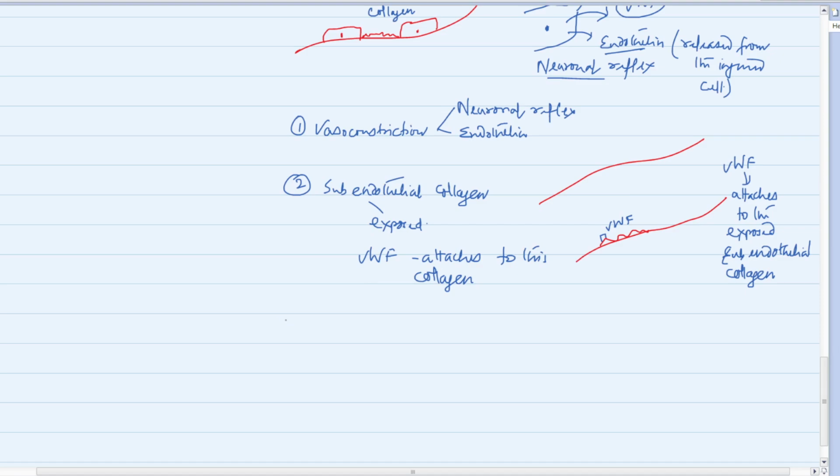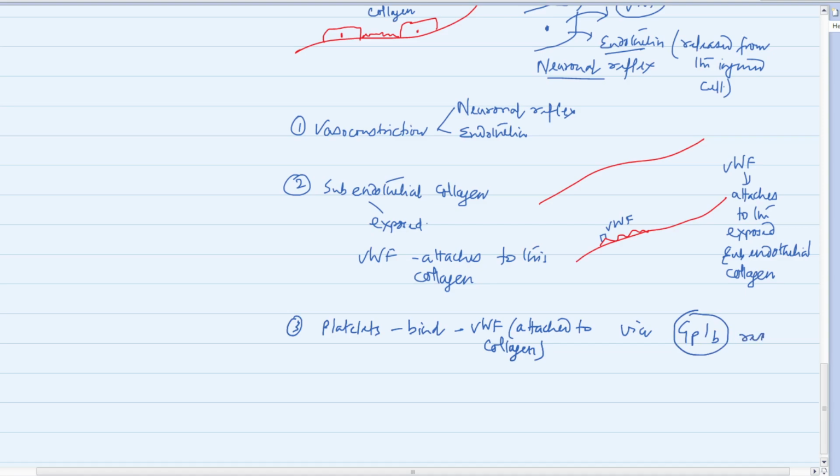So the third event is that platelets which are passing by bind to this von Willebrand factor attached to collagen, via a receptor present on the platelets, which we call GP1B.